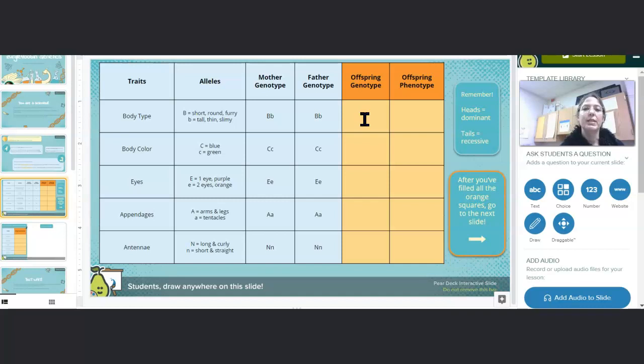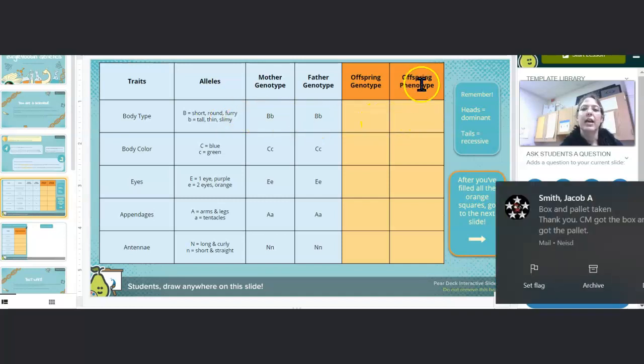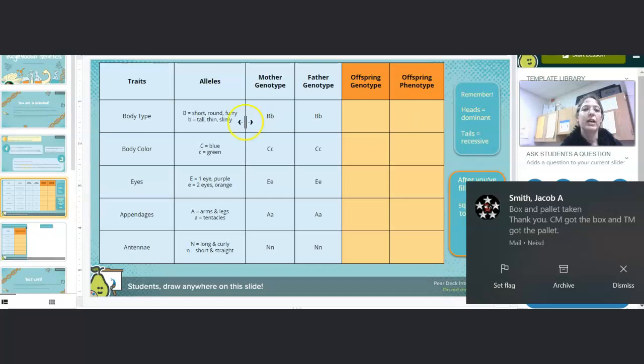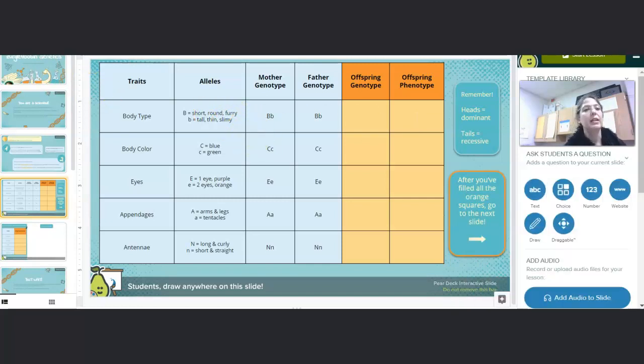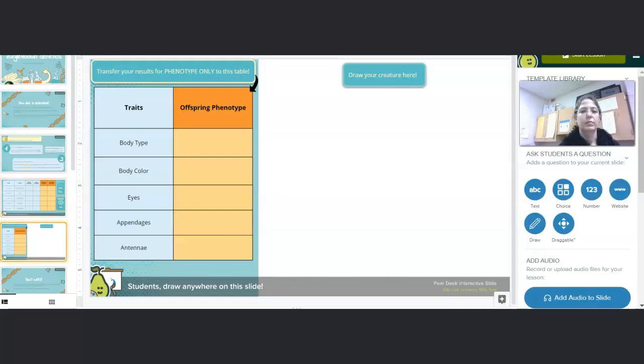So genotype is the letters, and phenotype is whether it's short, round, and furry, or tall, thin, and slimy, etc. And in this last assignment, this is where you draw your own creature here.